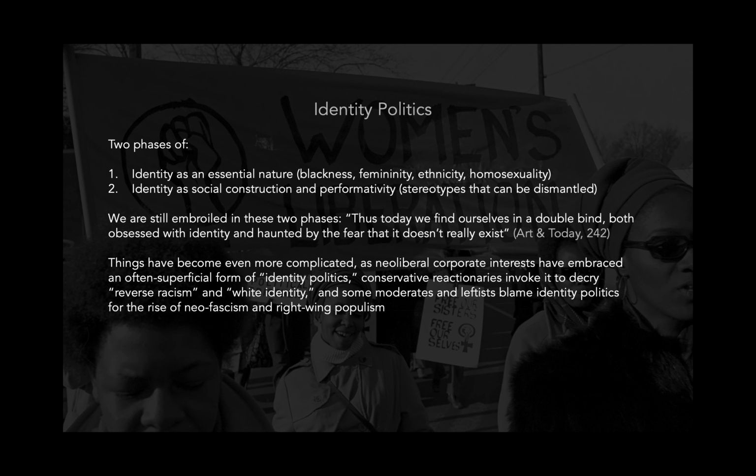And then you have even some who are more moderate or on the left, who will now blame identity politics for the rise of neo-fascism and right-wing populism. So someone like Mark Lilla, who's written a book about identity politics and the Trump election specifically, saying that the Democratic Party, being so obsessed with identity politics, has completely forgotten about class politics and has forgotten about the way in which solidarity is built.